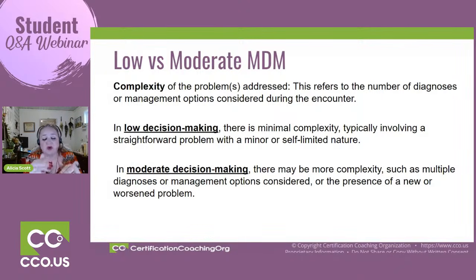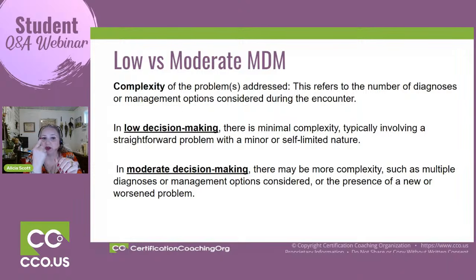So that would be low decision making. Even though it's a new diagnosis, that's all straightforward and low. Versus moderate decision making, what would that be? More complex, multiple diagnoses that the provider has to think through and manage, and having new or worsening problems. That's key.